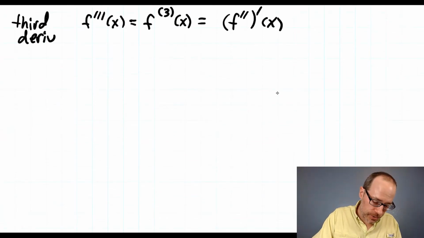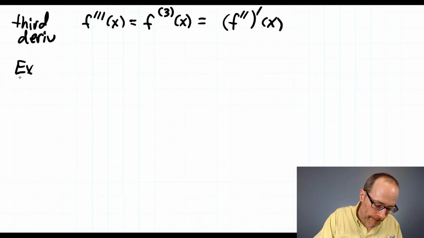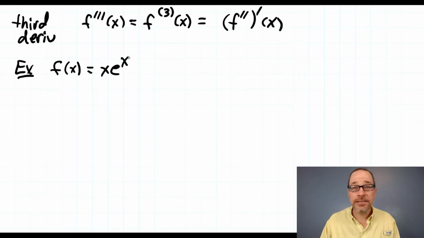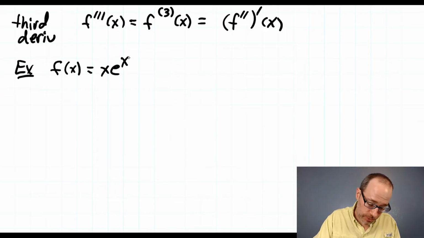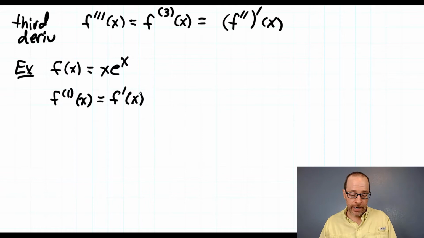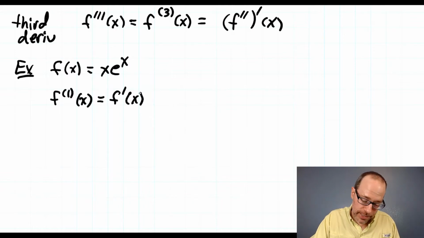All right, let's do an example. Let's consider the function f of x equals x e to the x and start doing derivatives first. So the first derivative can be written this way with a parenthesis around the 1, or in our traditional notation, f prime of x.